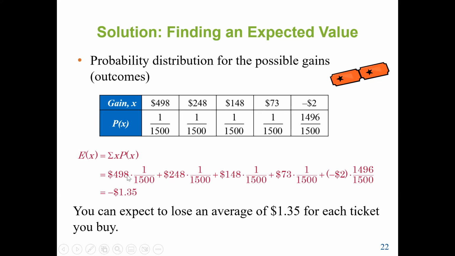So when we do our multiplication and sum of everything, our final answer will be negative 1.35. So this means on average, or expectedly, you will lose an average of $1.35 for each ticket you buy.